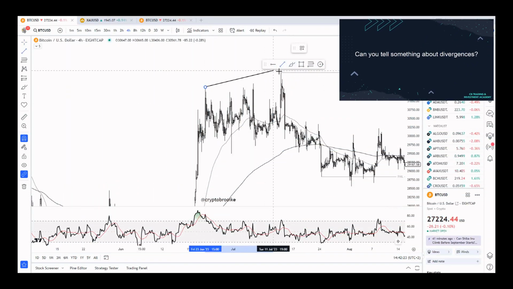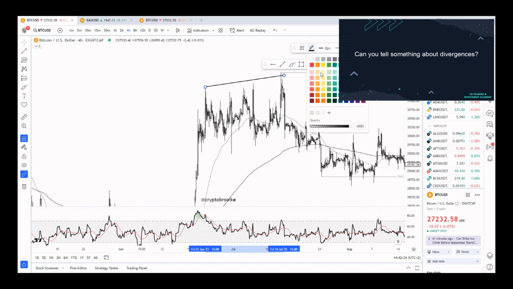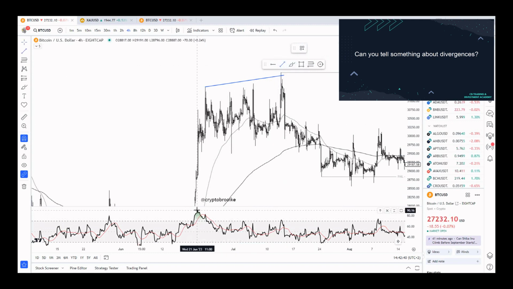You have a high here and a high there, where you see that it's still getting highs, and at the same time, I'll give this another color, blue, RSI is not as strong as it was.